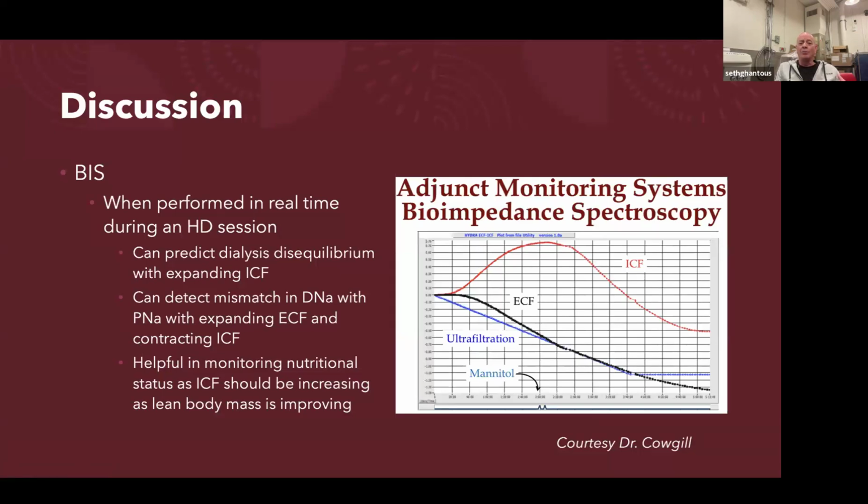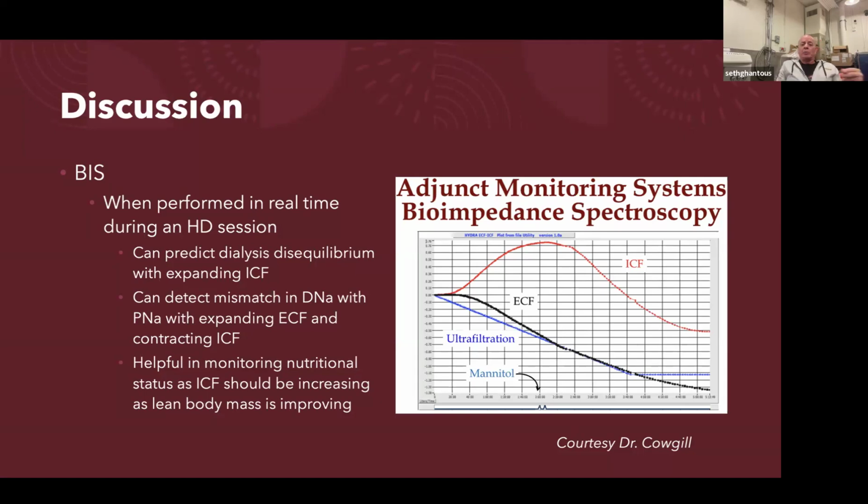It can also help detect mismatches in dialysis sodium with patient sodium. Let's say you were giving a dialysis sodium that was much higher than you needed to give. Well, you might see the opposite of this curve, where the intracellular fluid volume is contracting while the extracellular fluid volume is expanding through that dialysis, with the increased dialysis sodium.